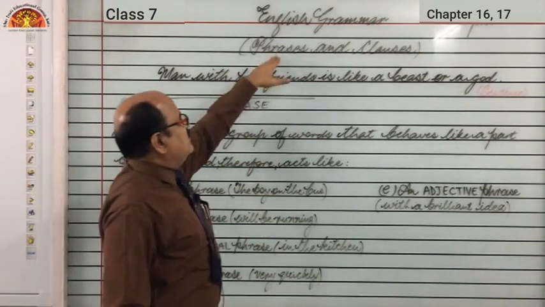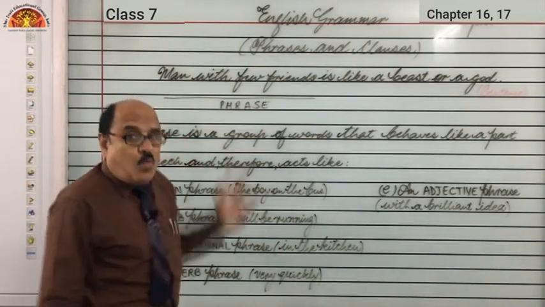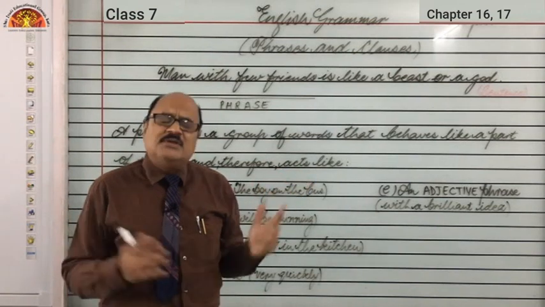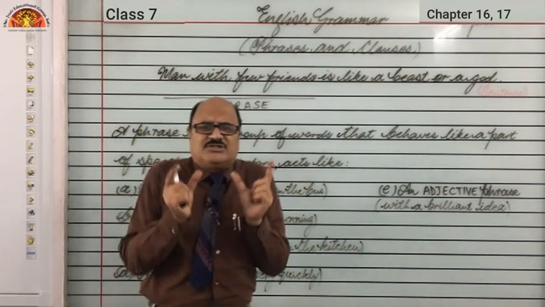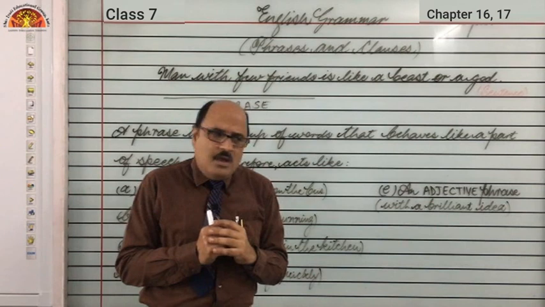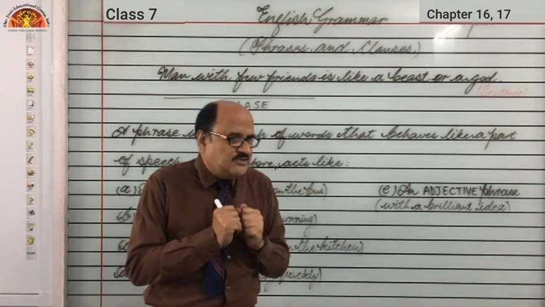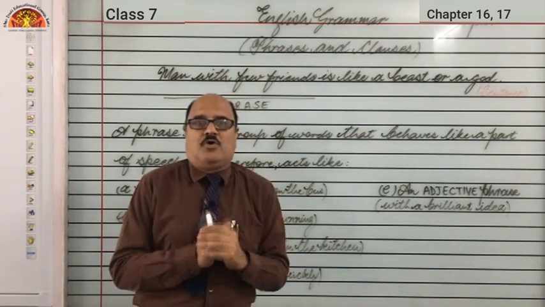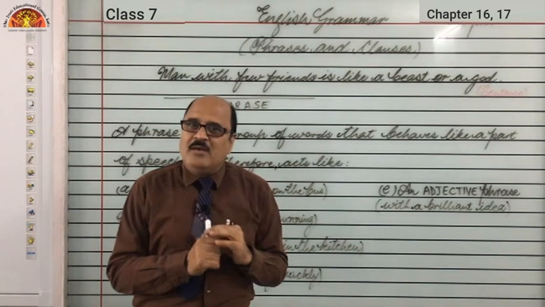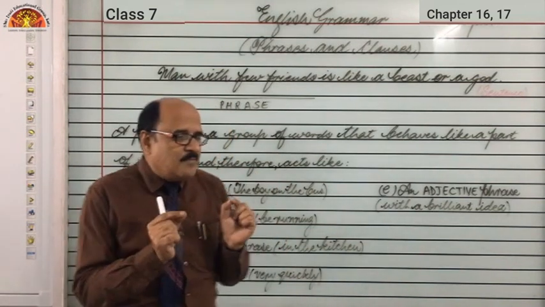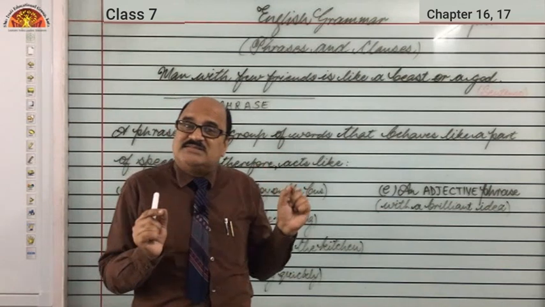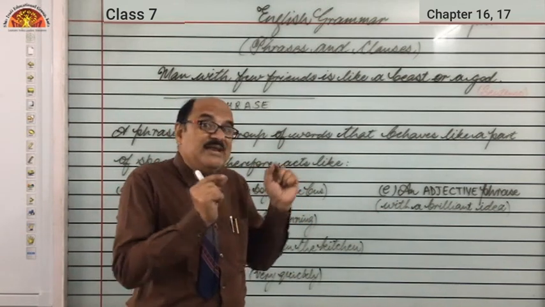First of all, we are going to discuss the term phrase. What is a phrase? Students, a phrase is just a group of words, a collection of words, but it does not make any complete sense.